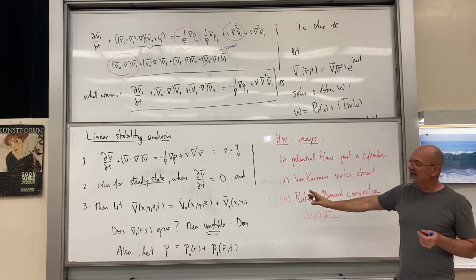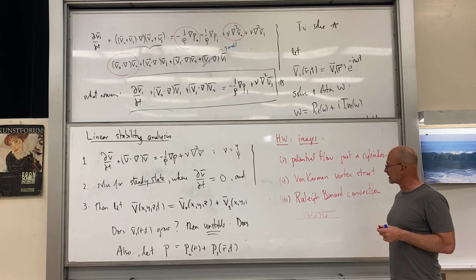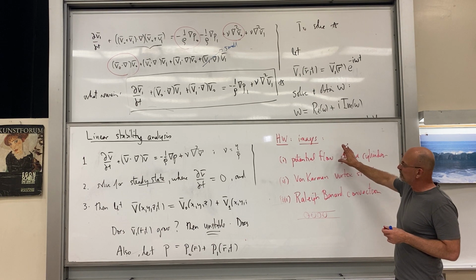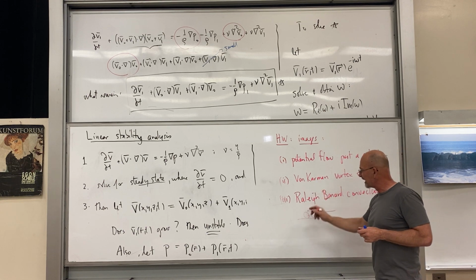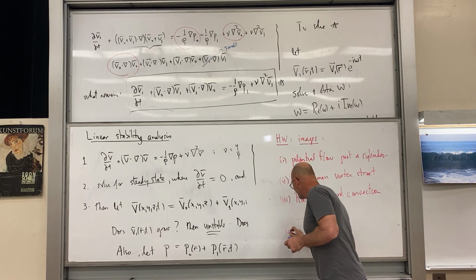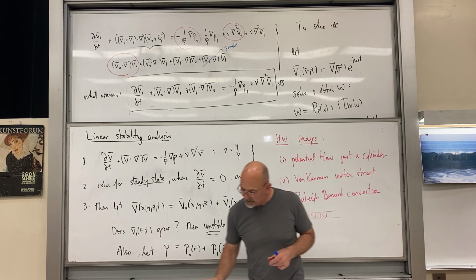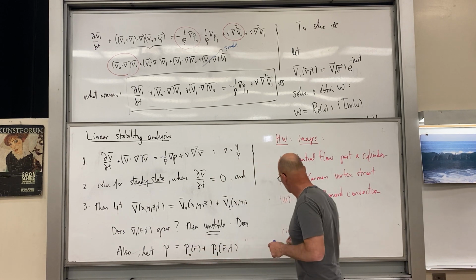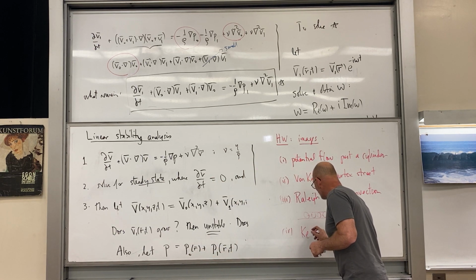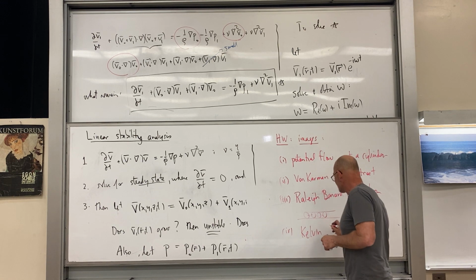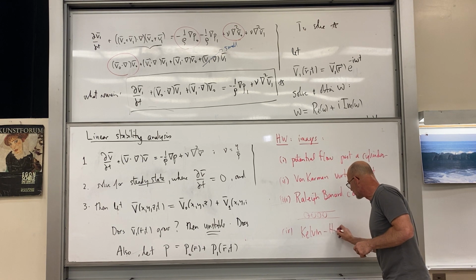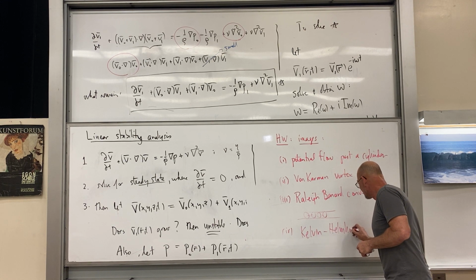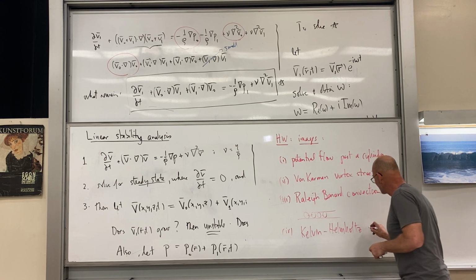We of course didn't get there. Can't do everything in a short class like this, but it's part of this theme here. So that would be nice to look at. And if you can find the Kelvin Helmholtz instability. Like I said, we're just looking for images, so you should be able to find something pretty quick. Kelvin Helmholtz instability.